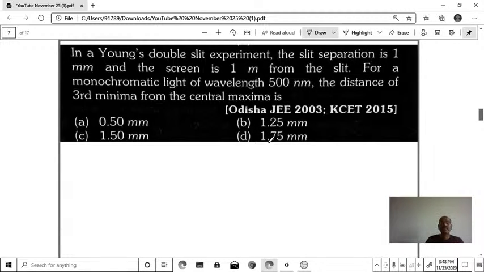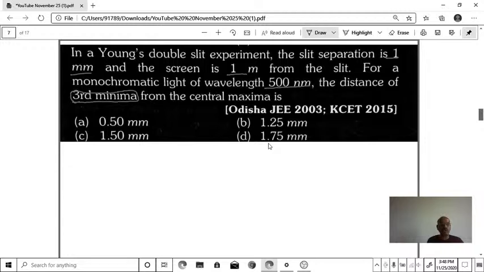Minima, that means dark fringe, we are discussing. How to obtain the nth dark fringe from the center. In YDSE, the double slit experiment, the slit separation is 1 mm, small d, and the screen is 1 meter away. For monochromatic light of wavelength 500 nanometer, find the distance of the third minima.